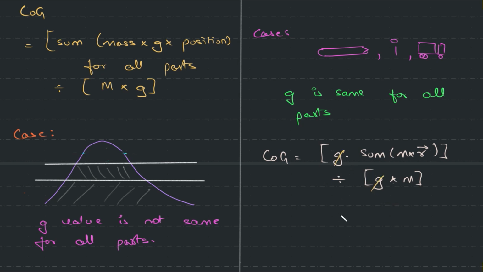So I can cancel it, and this formula is nothing but your center of mass. So center of gravity and center of mass are the same when it comes to small things. Again, small things, I'm not talking about a pencil or eraser, I'm talking about even a truck. For gravity, a truck is a small thing. Earth's gravity, that is.